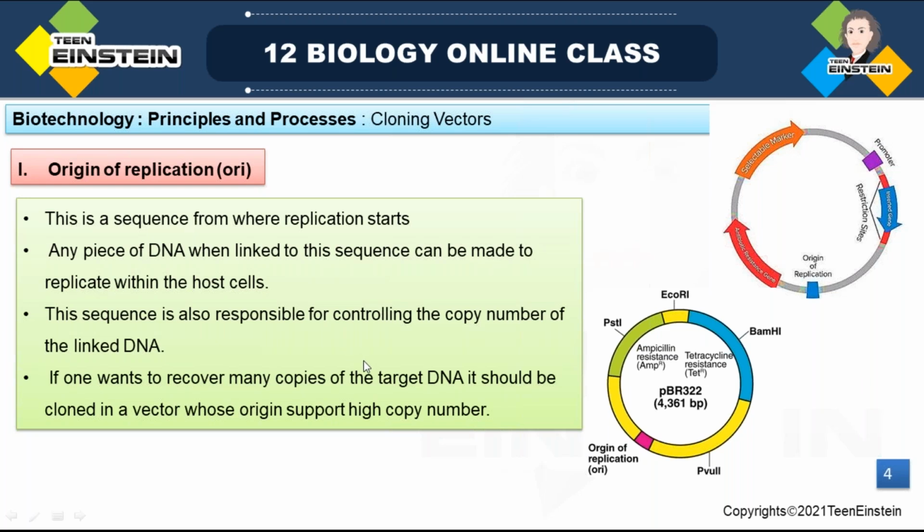So if you want many copies of that target DNA, we should select a vector which is giving high copy number. If we want very few copies of that linked DNA, we need to select the vector which is giving a very low copy number. Clear?